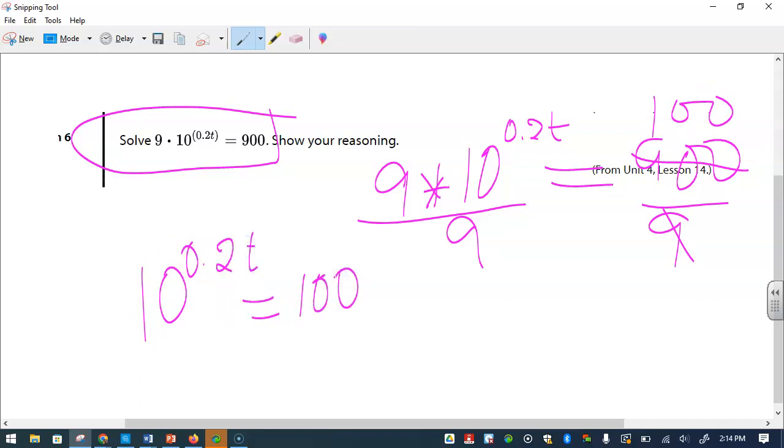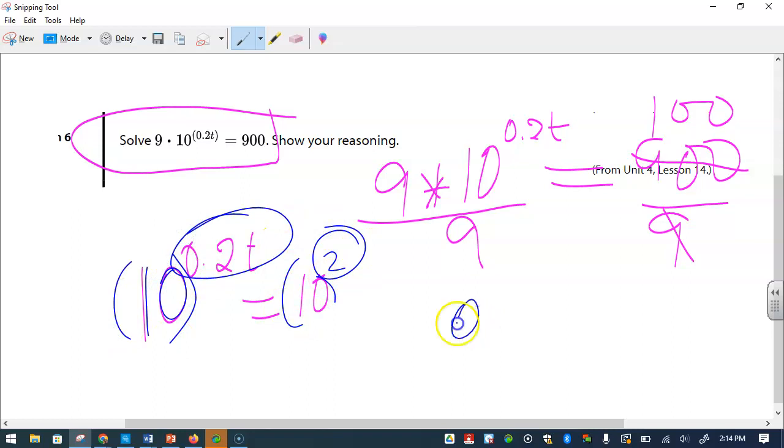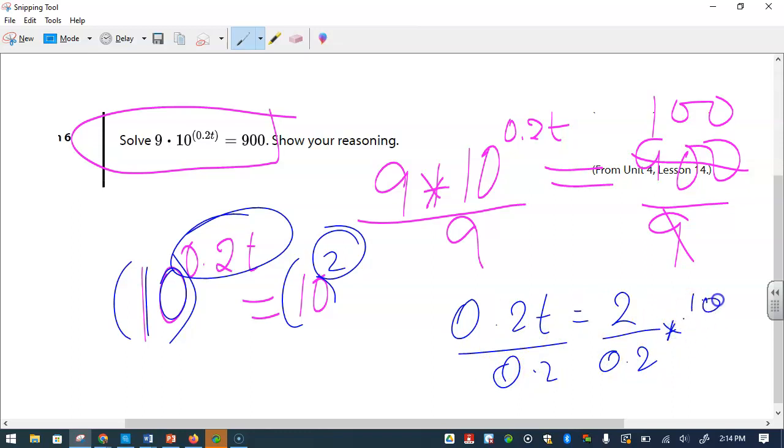But 100 can be written as 10 squared. So I'll take this off and put a 2 right here. Now they have the same bases. So if the bases are the same, then the exponents have to be equal. 0.2t equals 2. And then divide by this and you get the answer. So you multiply by 10 and you get 20 divided by 2 equals 10 and you're done.